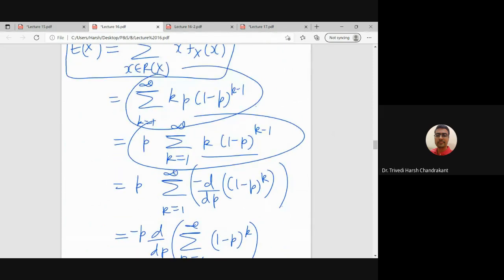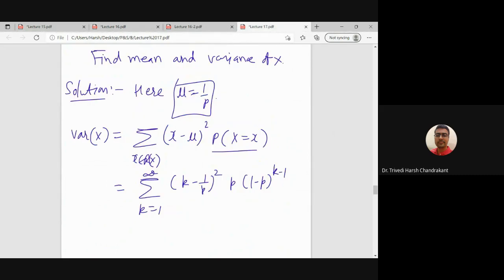Okay, so this is not a geometric series, right? So we cannot directly find the sum. That means we need to do some computation to make it into a geometric series, like in the last class. Here the term is (k minus 1 by p) square, which is a quadratic expression.